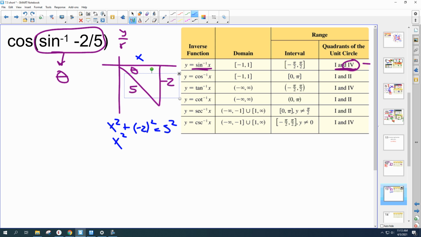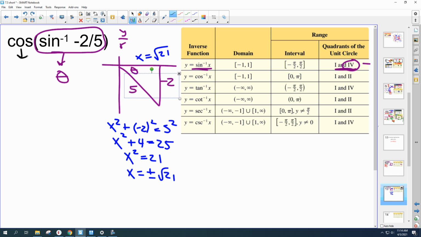X squared plus 4 equals 25. Subtract that over, so x squared equals 21. Square root both sides, plus or minus square root of 21. But we're talking about an x number after all, and our x number in the 4th quadrant has to be positive square root of 21. Good? That's our picture. That's our angle.